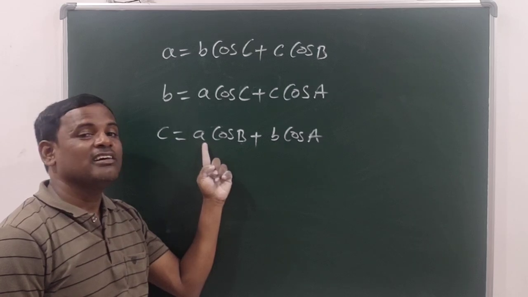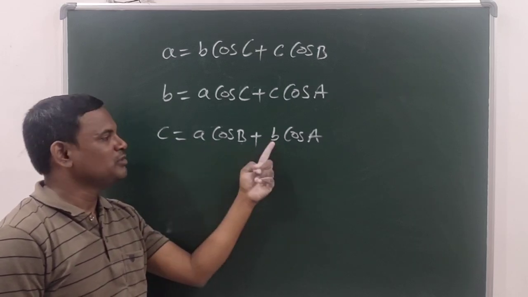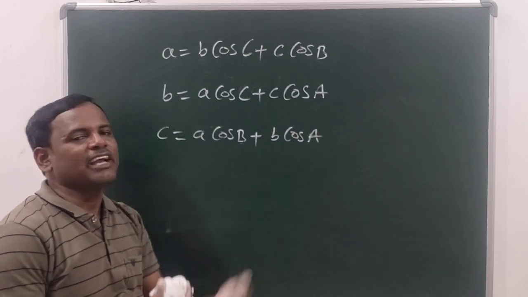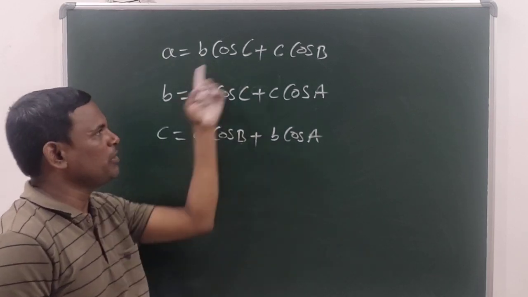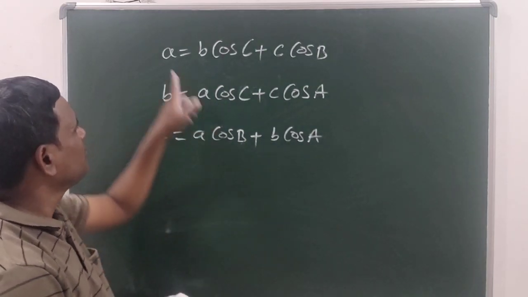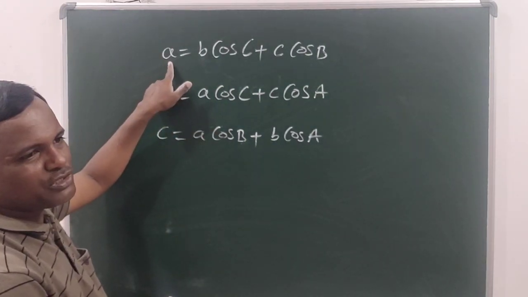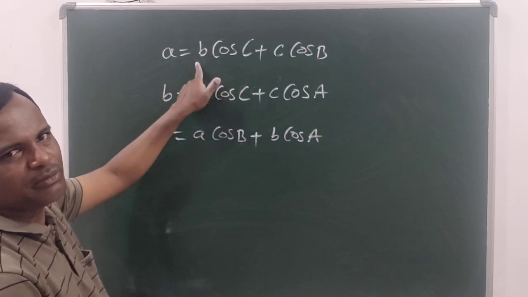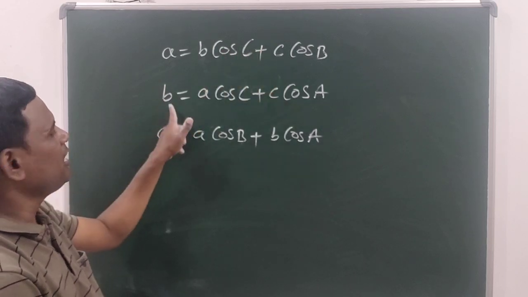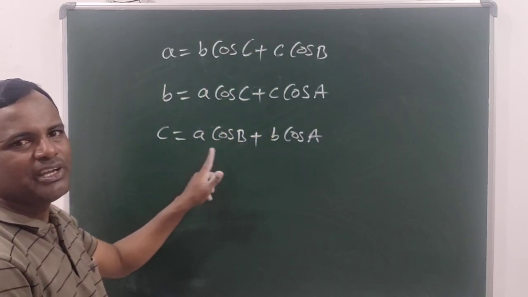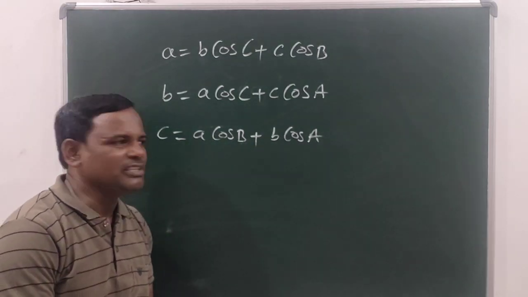Small b is a side length, and angle A represents an angle in the triangle. I hope you have understood. These three are known as projection rules. For small a, the right-hand side is the BC combination: b cos C plus c cos B. Small b equals a cos C plus c cos A. Small c equals a cos B plus b cos A.